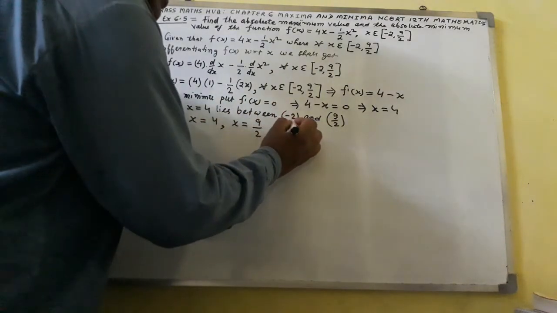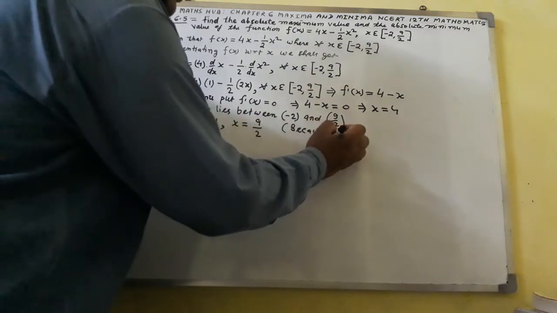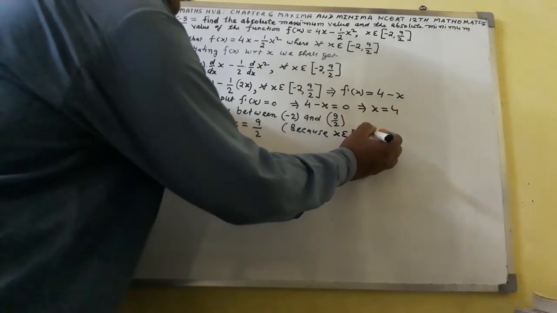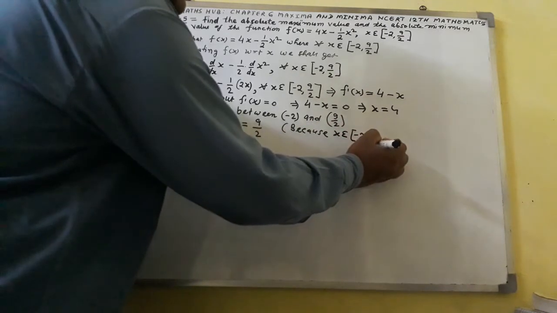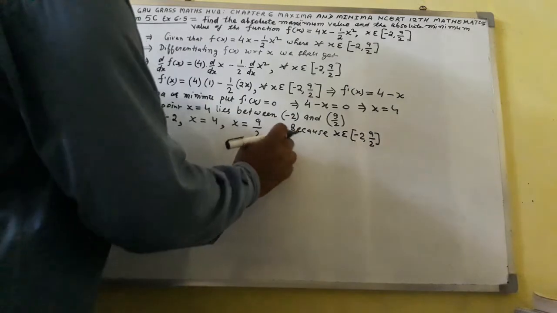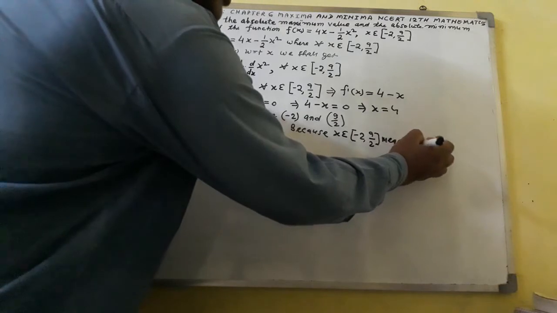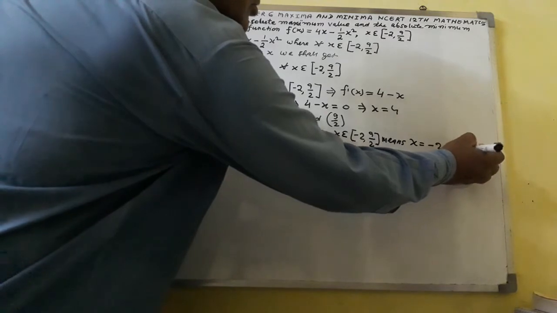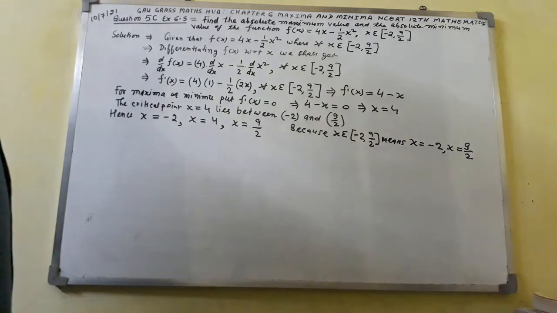Here you can write in bracket, because x belongs to closed interval minus 2 comma 9/2, means x is equal to minus 2, x is equal to 9/2.